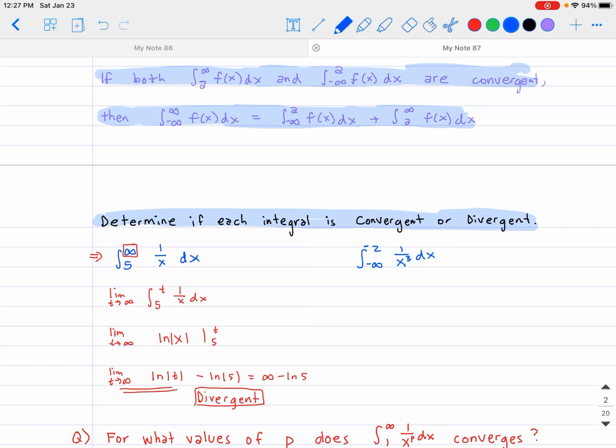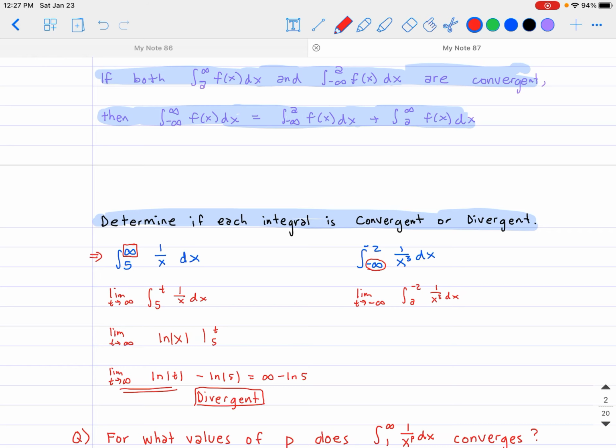So here, same idea. We first recognize that you have a boundary that deals with infinity, so that is the improper integral. We'll go ahead and do a replacement. So limit as t approaches negative infinity, and then the integral from t to negative 2 of 1 over x cubed dx.